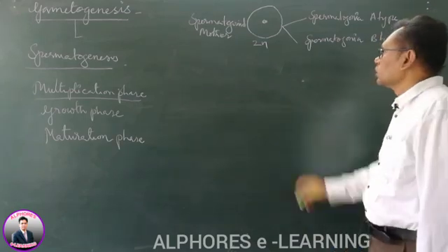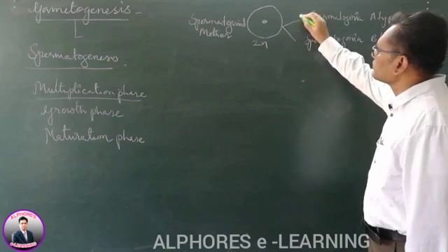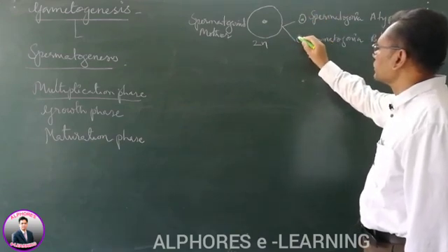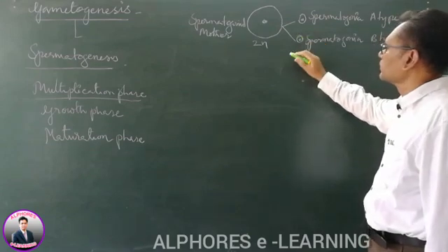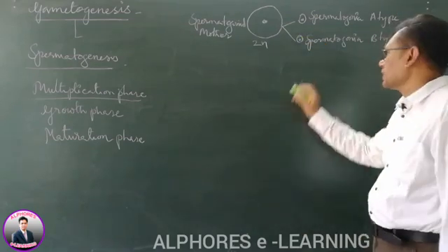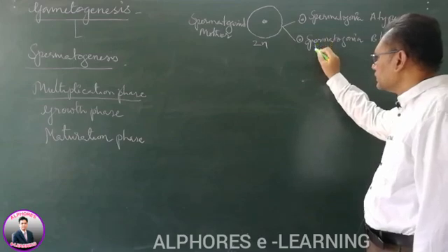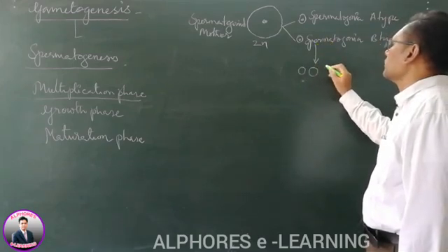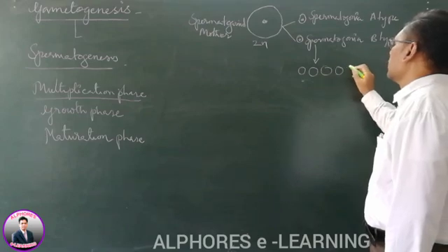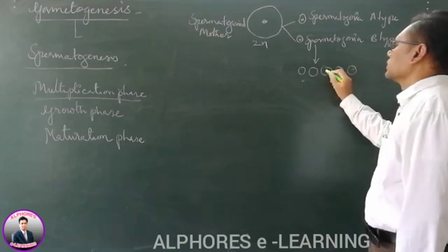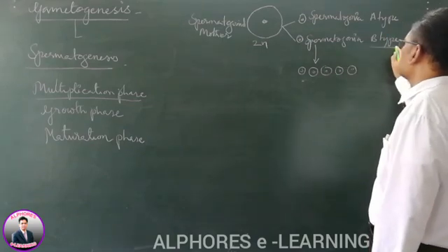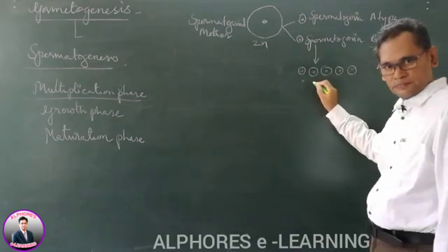The spermatogonia B type divide and redivide to produce a large number of spermatogonia of B type.